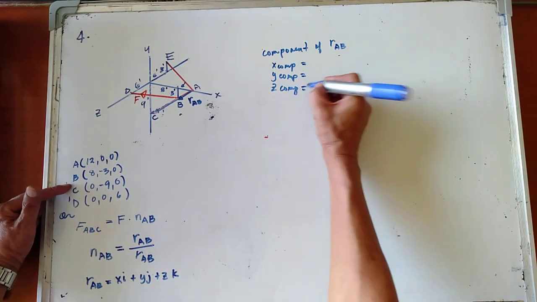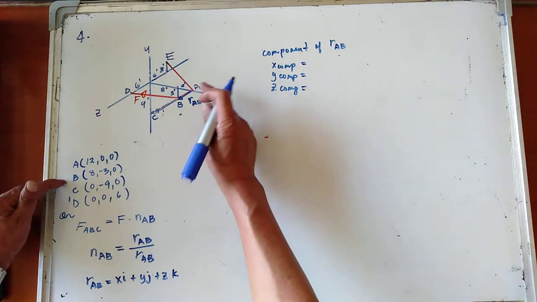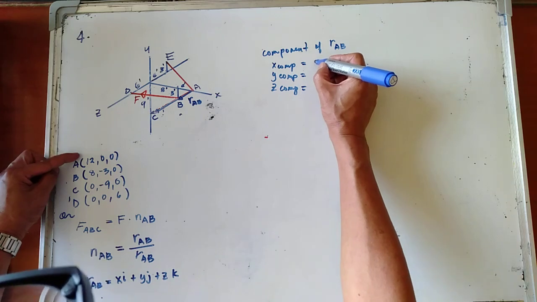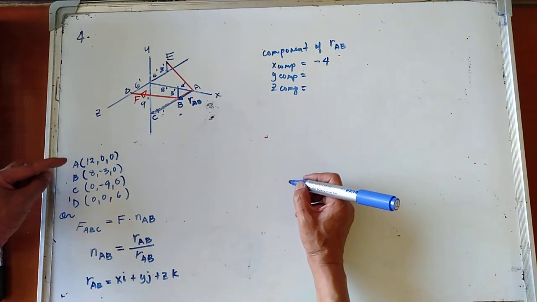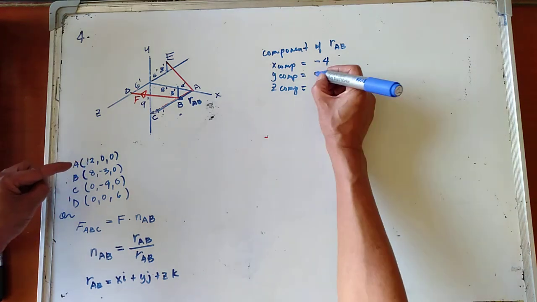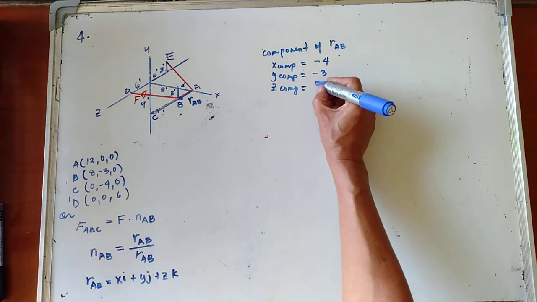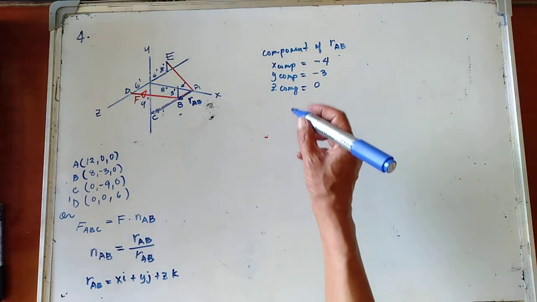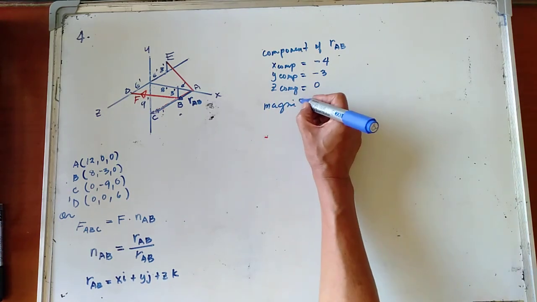Your X in here is AB, so it's directed from A to B. So 8 minus 12 is negative 4. We have minus 3 and 0 is negative 3, and then 0 and 0, so that is therefore equal to 0.